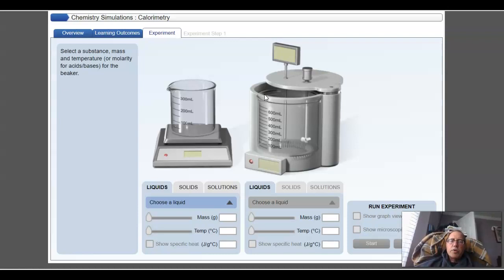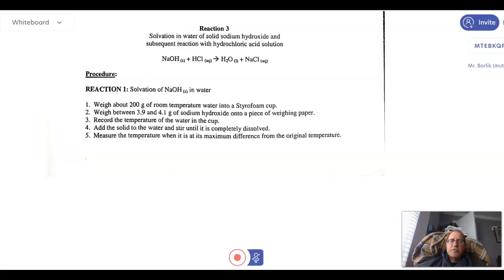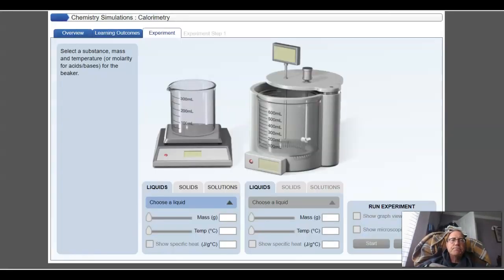What we want to do is start off with our 200 grams of room temperature water. I'm going to wait on that because that's our second step. We'll start first with the 4 grams of sodium hydroxide.